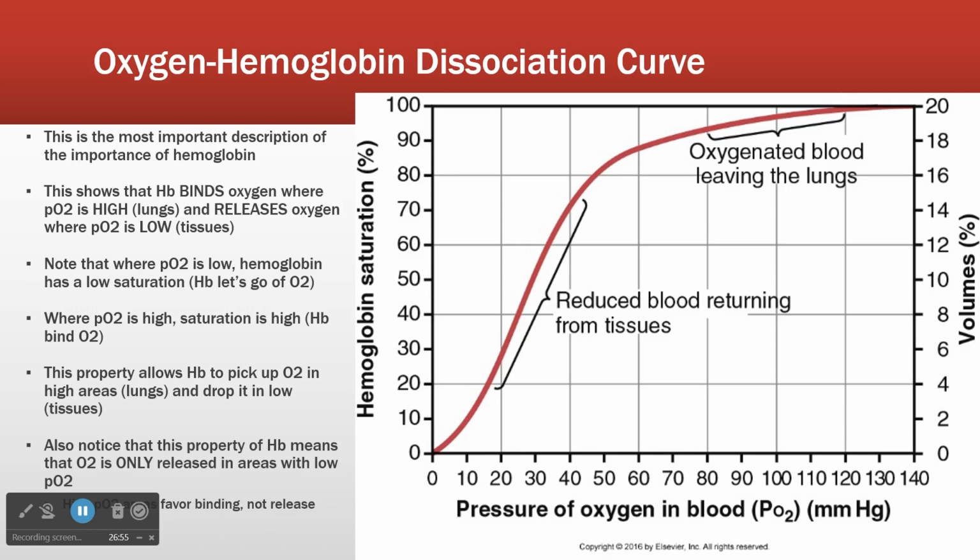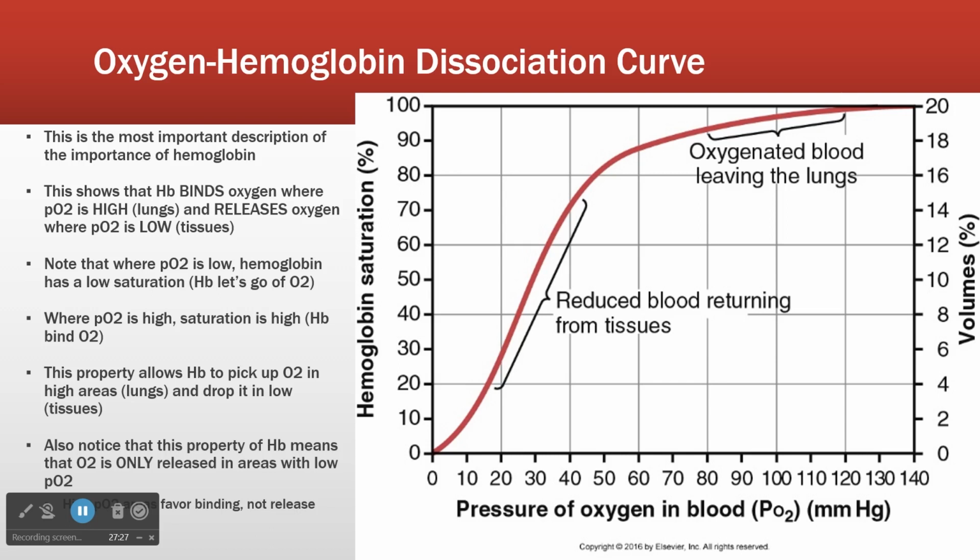Now, along the x-axis, we have partial pressure of O2, like we've been talking about, dissolved oxygen. PO2 is going to vary. In the lungs, it's high. In the tissues, it's low, right? So as the blood moves around the body, it's going to vary. Well, empirically, experimentally, if we look at how the saturation changes over the partial pressure of oxygen, this is the curve that results.